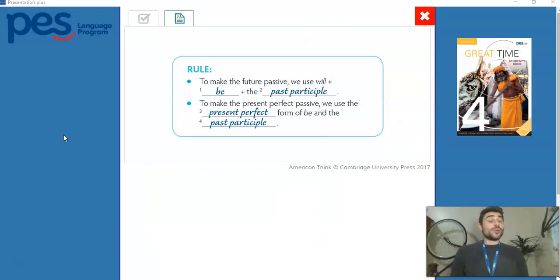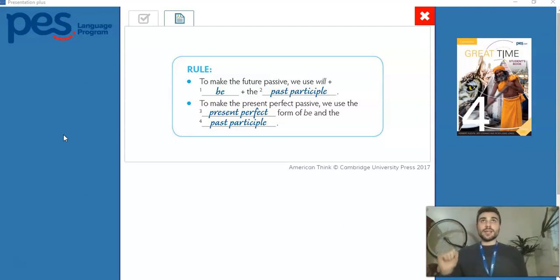All right guys, so here we have the rule completed and we're going to check together, okay? To make the future passive, so when I want to talk about the future but use the passive voice, we use the verb will, plus the verb be, plus the past participle.